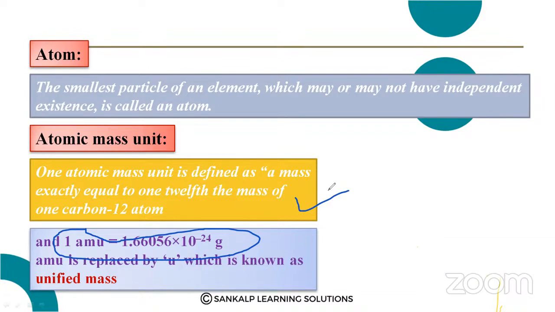It is 1.66 into 10 raised to minus 24 grams. This AMU can be replaced by U, and it is known as unified mass. Whenever you're solving problems on atomic mass unit, its unit is given in U.